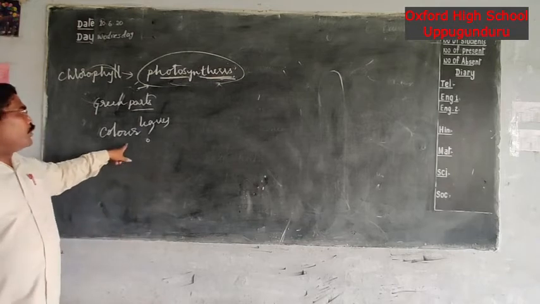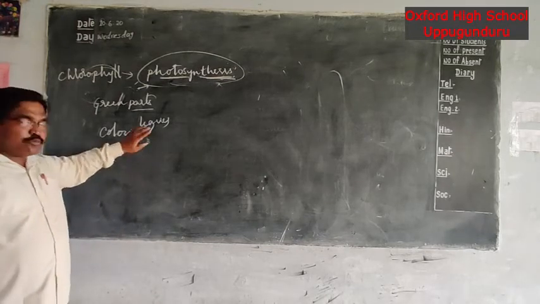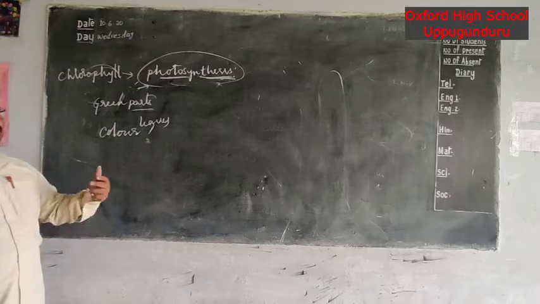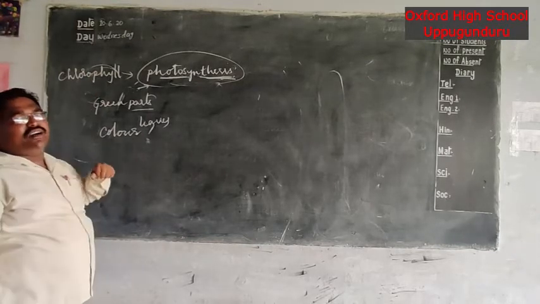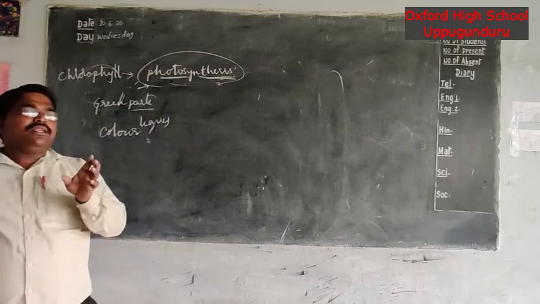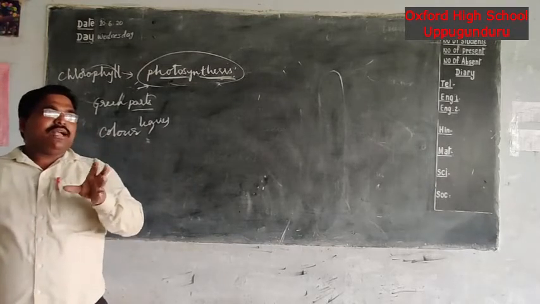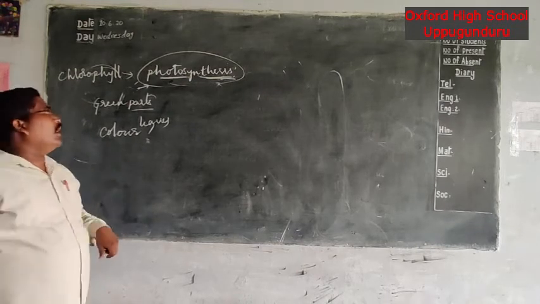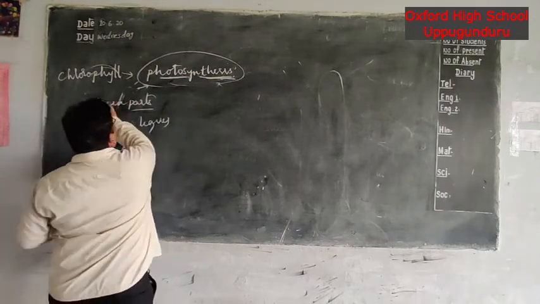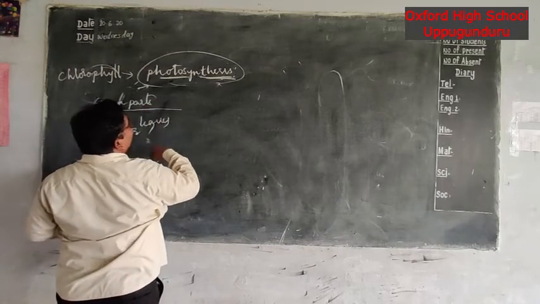To explain this, after a long time, after 4 decades of Jan Ingenhousz, the scientists extracted the exact location and isolated the chlorophyll. So they isolated the green part in the leaf.